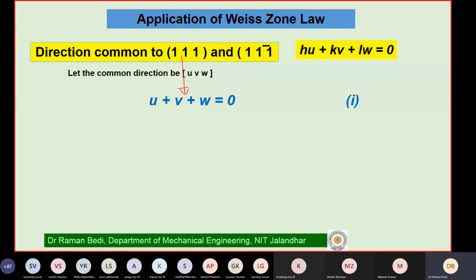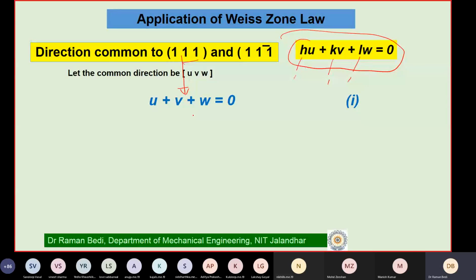HU plus KV plus LW shall be equal to 0. And in this expression, what is HKL? HKL are the Miller indices of the plane, which in our example are 1, 1 and 1. So for the direction UVW to lie on the 1 1 1 plane, U plus V plus W shall be equal to 0.